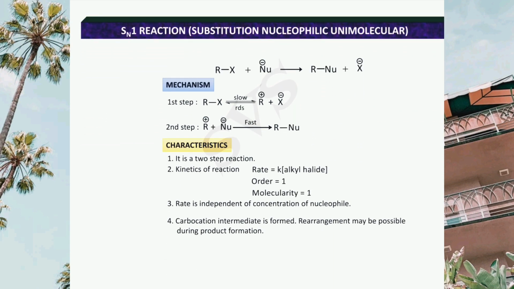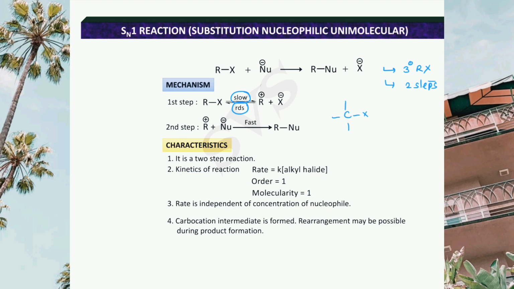SN1, nucleophilic substitution in unimolecular reactions. Generally SN1 takes place in tertiary alkyl halides. The mechanism takes place in two steps. Very, very important. The first step is the slow step, also called the rate determining step. Why is it a slow step?